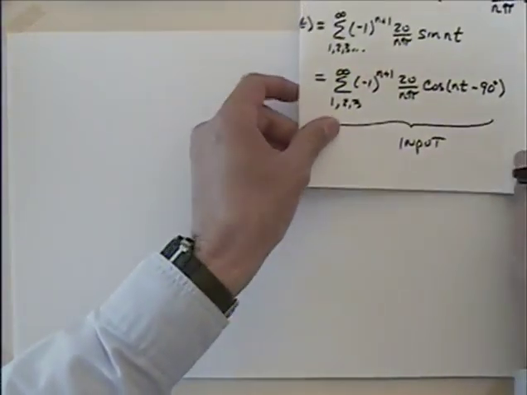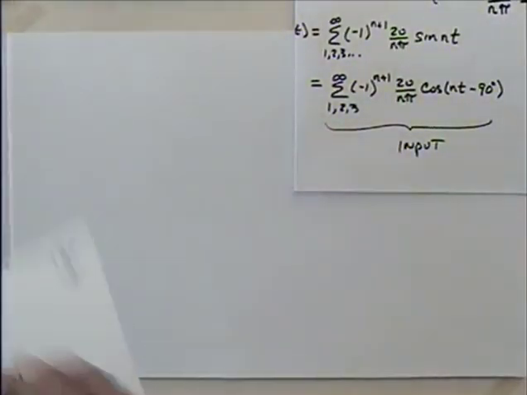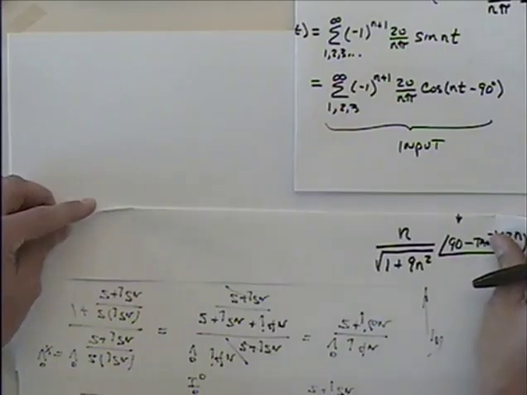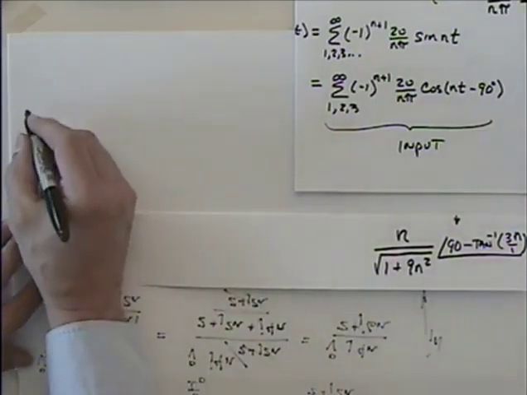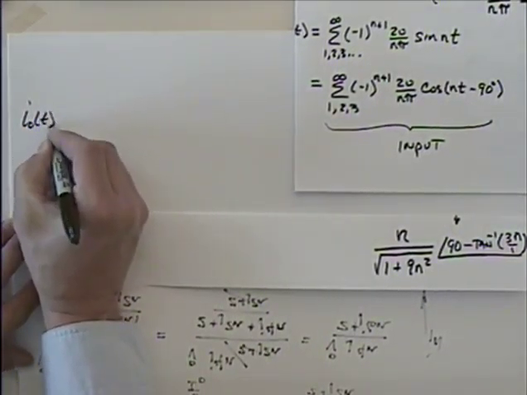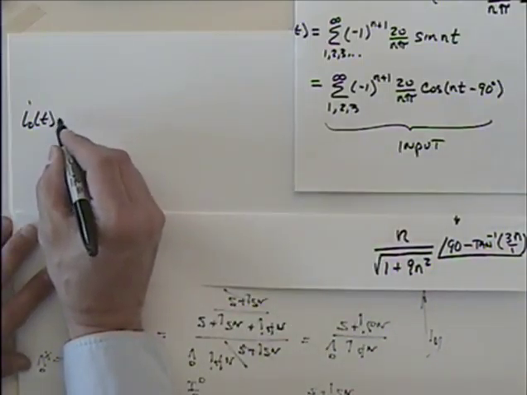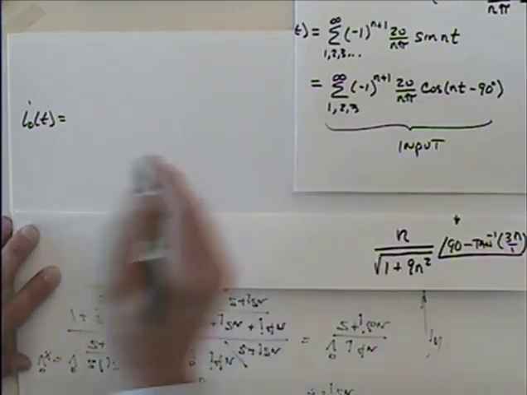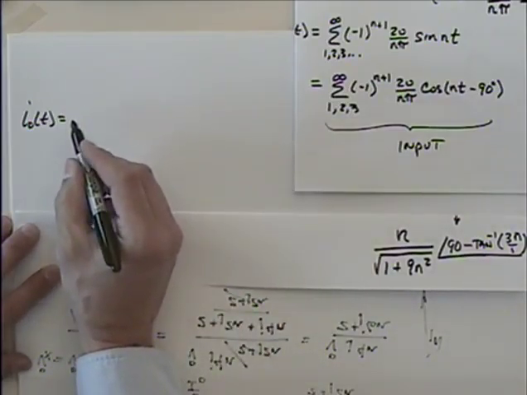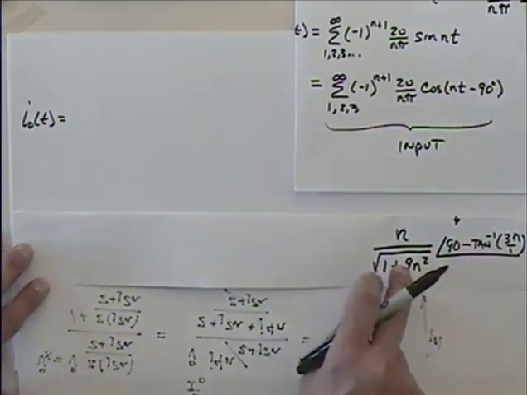So that's what's going in, and this is what it's going into. So I can say that my I naught in the time domain, because this is in the time domain, is going to be equal to, I need to take this thing and multiply by that thing, right?